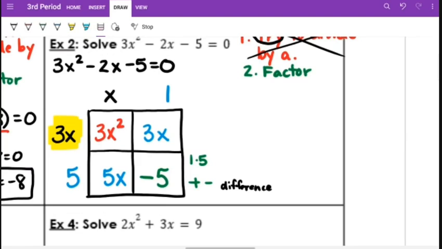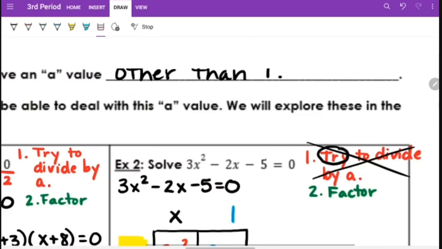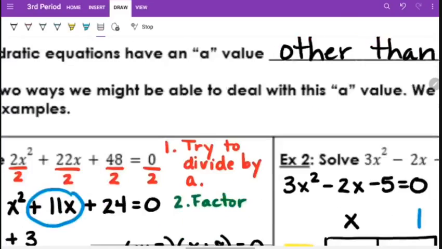The difference between 5 and 3 is 2. Now we just need to make sure that we make the right one negative so that we end up with a negative 2x in the middle. So the 5x has to be negative.